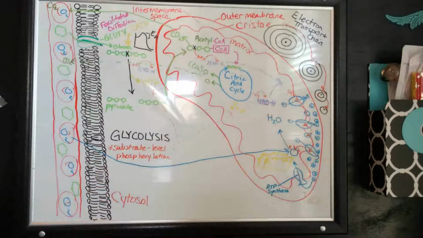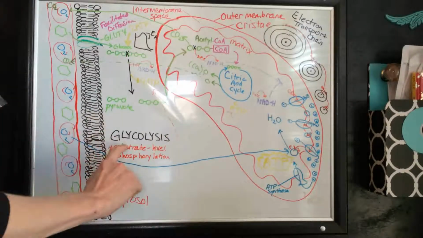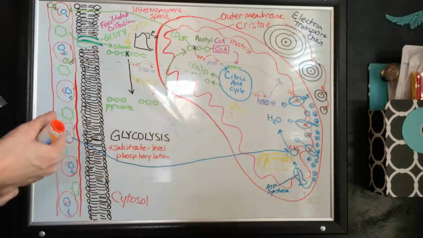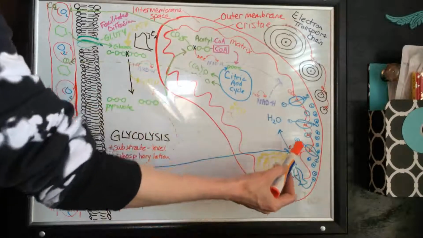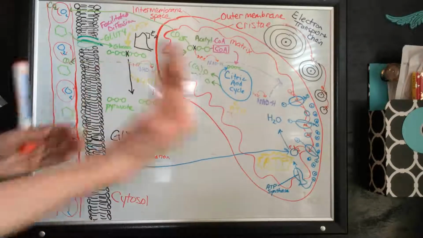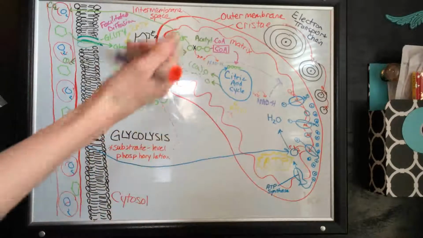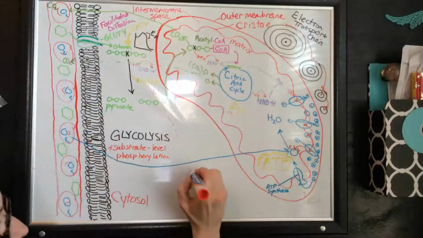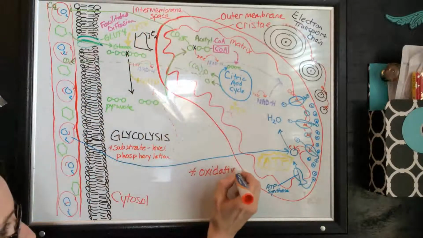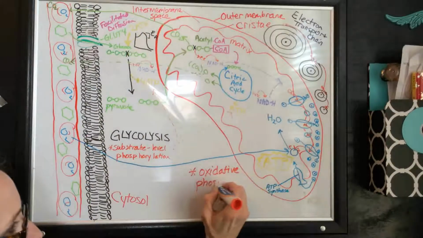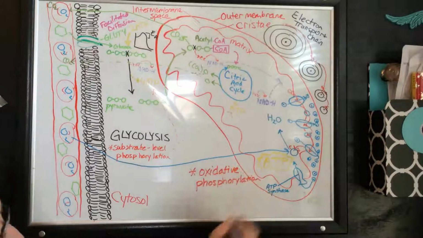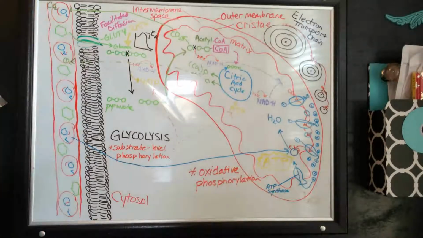And so this type of ATP production, instead of being substrate level, where we're just pulling a P off of something and putting it onto an ADP, we are using an oxygen-driven system to produce ATP by a physical force, the turning of that protein. And so it's called oxidative phosphorylation. And it's a much more efficient way of making ATP.